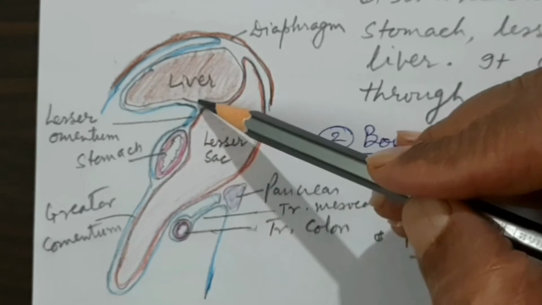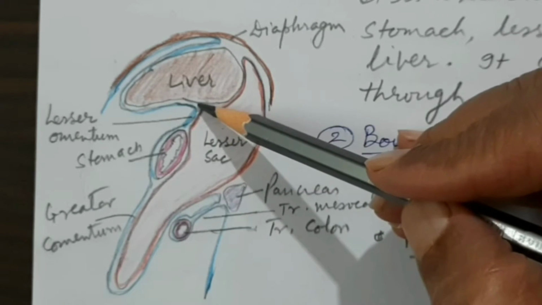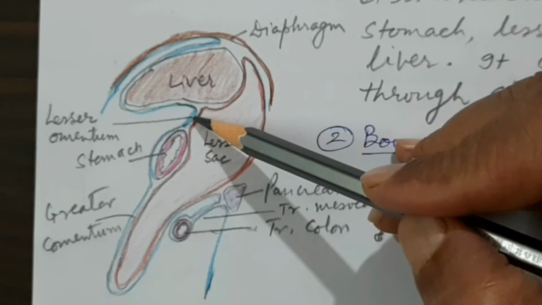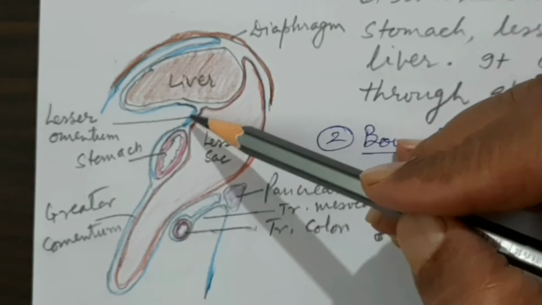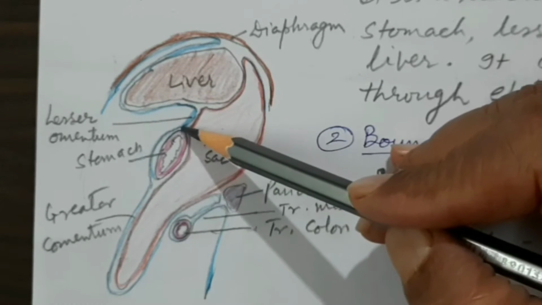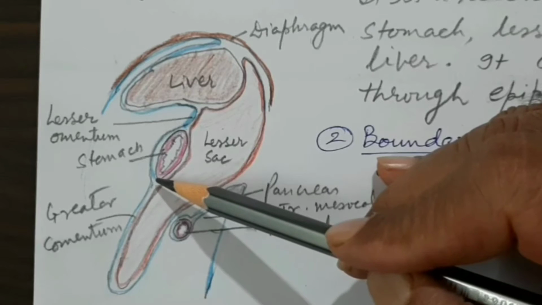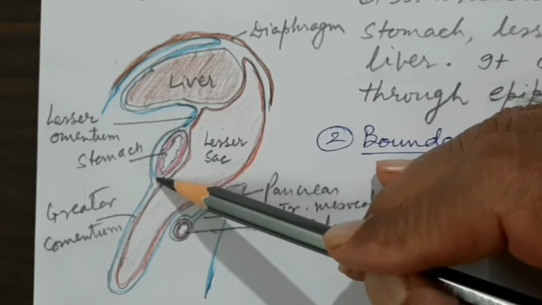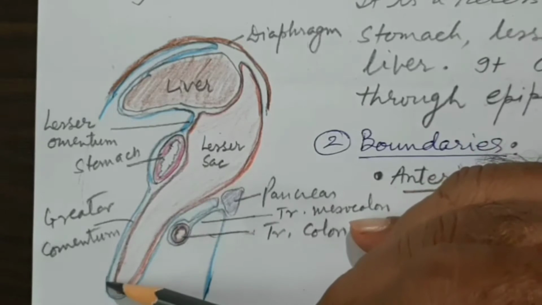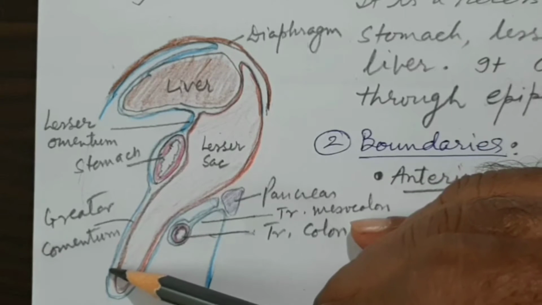Then from the fissure for ligamentum venosum, this layer descends down and forms the anterior layer of the lesser omentum, comes to the lesser curvature of the stomach, then covers the anterior surface of the stomach to the greater curvature, and then forms the anterior layer of the greater omentum.